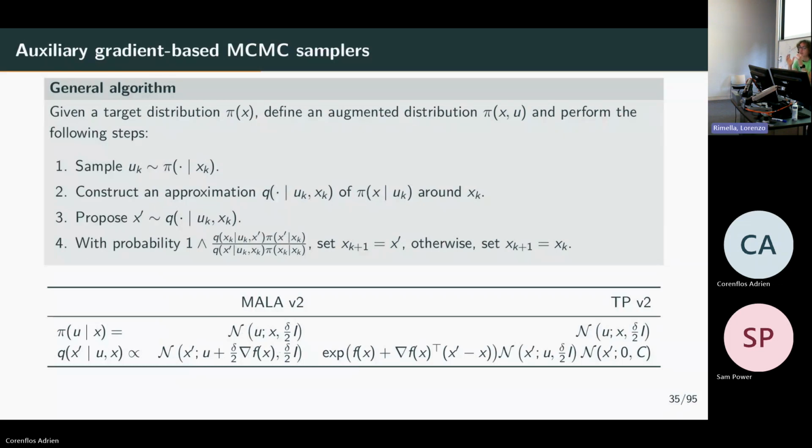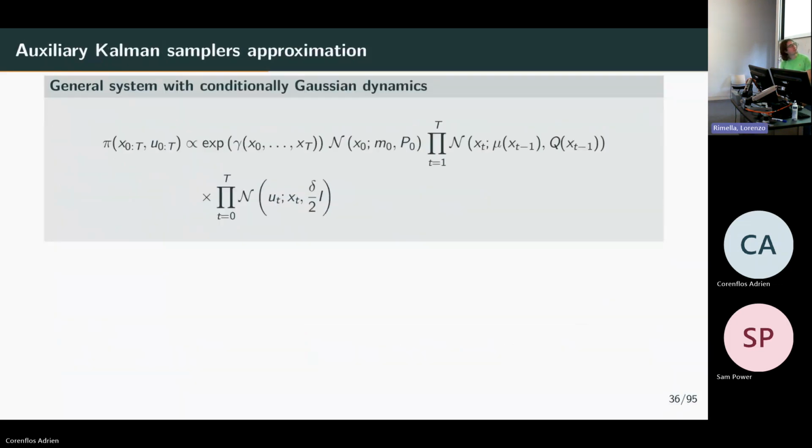So you're dominating the actual target with the auxiliary, and it's a trade-off between the two. You make it more Gaussian, but you also modify it a bit. In our case, we're lucky because we're going to be treating almost Gaussian priors, so it's rather natural.